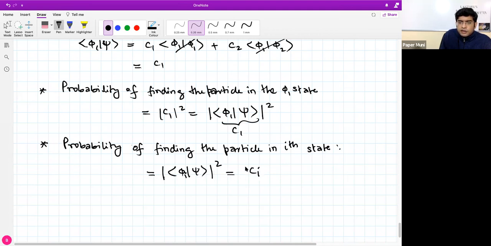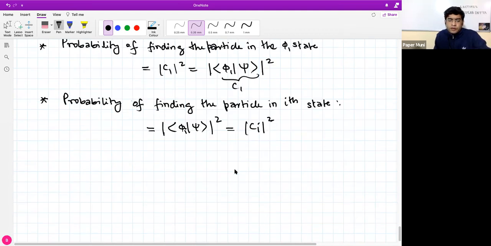This will be Ci mod square. Okay, this is how we write this.